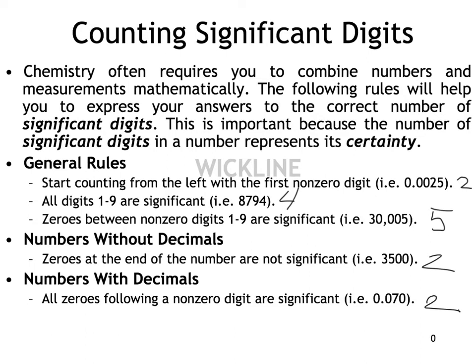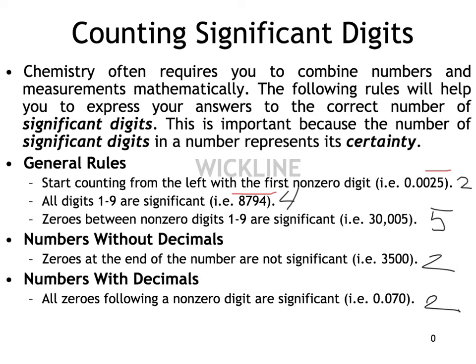I'm going to go back and do something called an overbar over all the digits in that number that I consider significant. So in this first one, it's going to be the 2 and the 5. And then for the next one, it's all the digits.